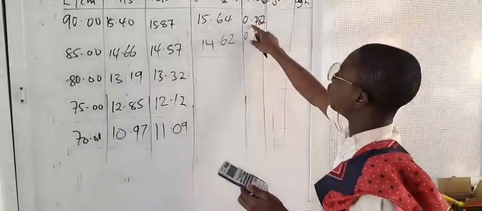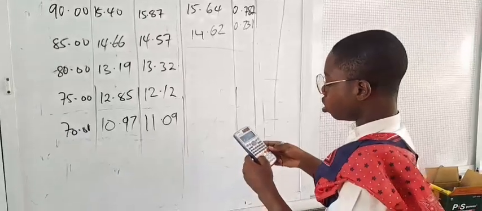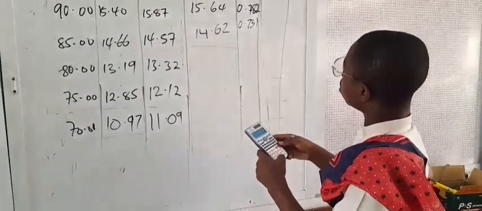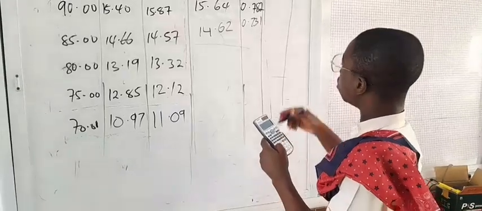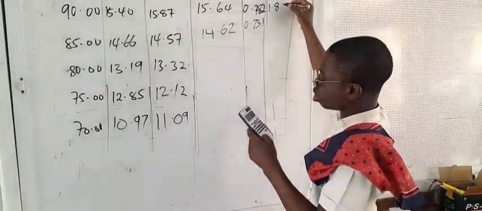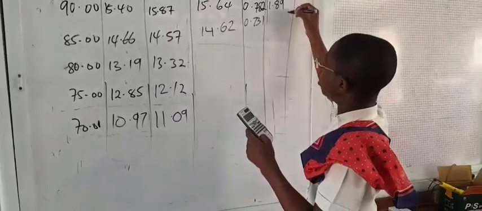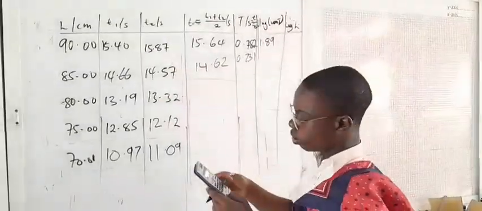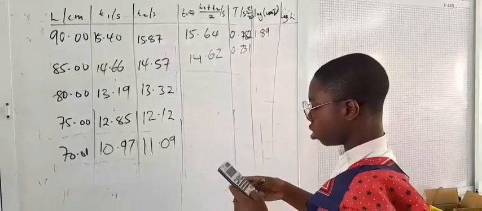So multiply this by 100. That will be 78.2. Then we take the log of it. That will be 1.89. Just give it to 3 significant figures. Then take log L. That will also be 1.95.